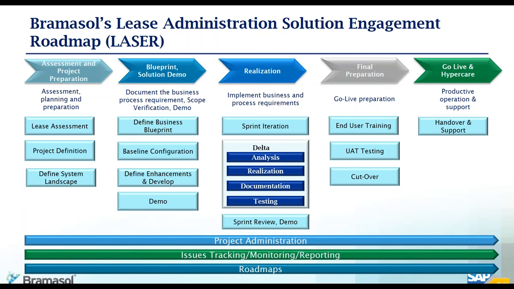We started with the assessment of the project, where you typically look at the data abstract: identification of the leases and lease abstract, transforming your paper-based contracts into a system, loading digital contracts, and cleaning and data derivation.